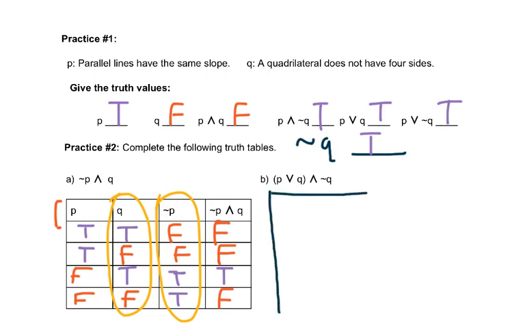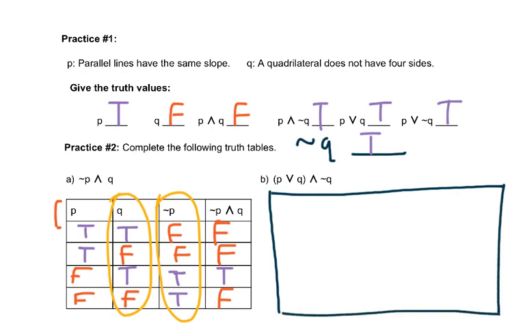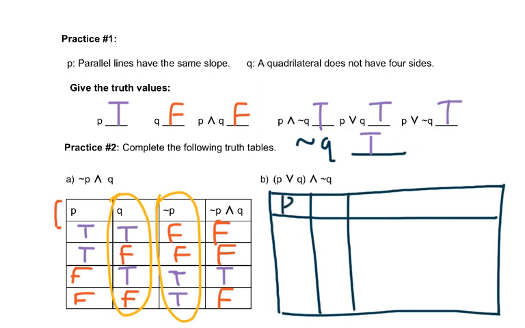So I hope you tried it out. I'm going to go ahead and create the table. So we're going to need a lot of different information here. We're going to need P. We're going to need Q. We're going to need P or Q. We're going to need not Q. And we're going to need our final one, which is P or Q and not Q. Sorry, that kind of got a little squished.